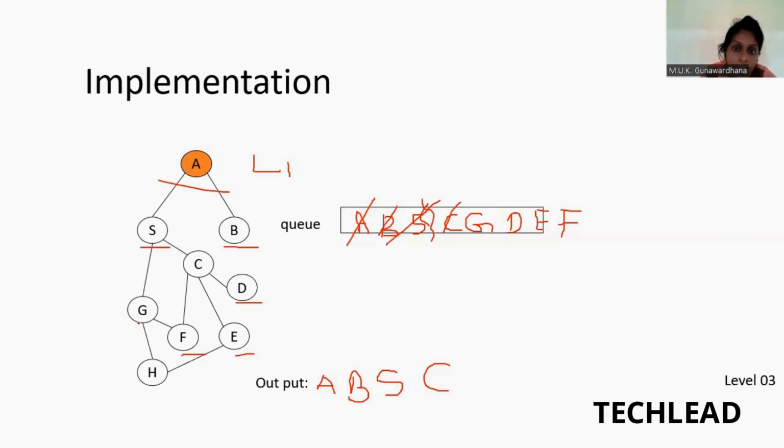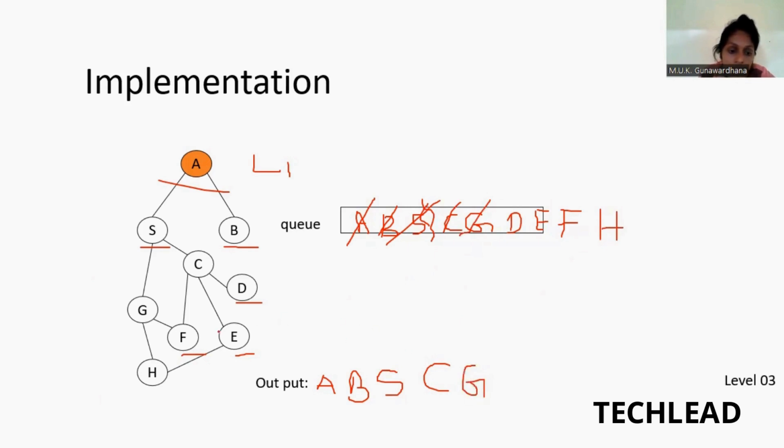Here we can identify that H is not visited and F is already visited. Therefore, F is not going to be added into the queue because F is already in the queue. Therefore, we only add the H into the queue. Before adding the H, we must pop the G from the queue.